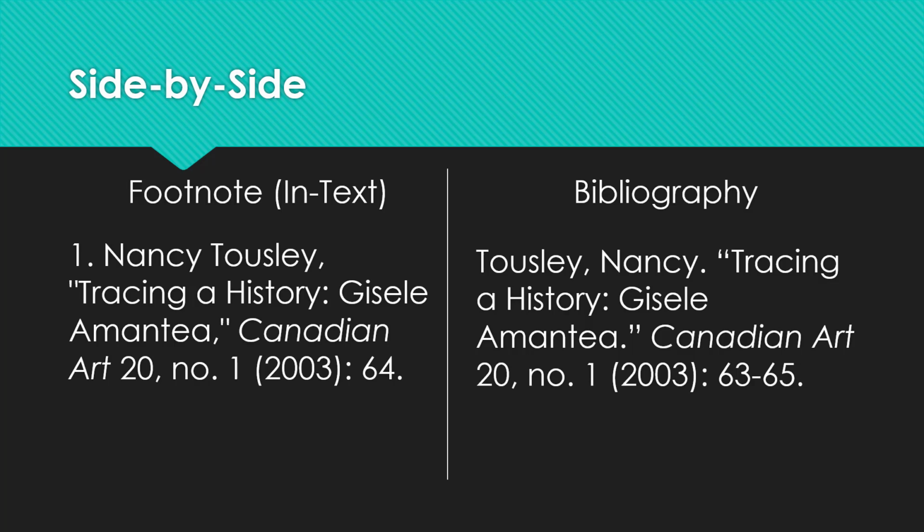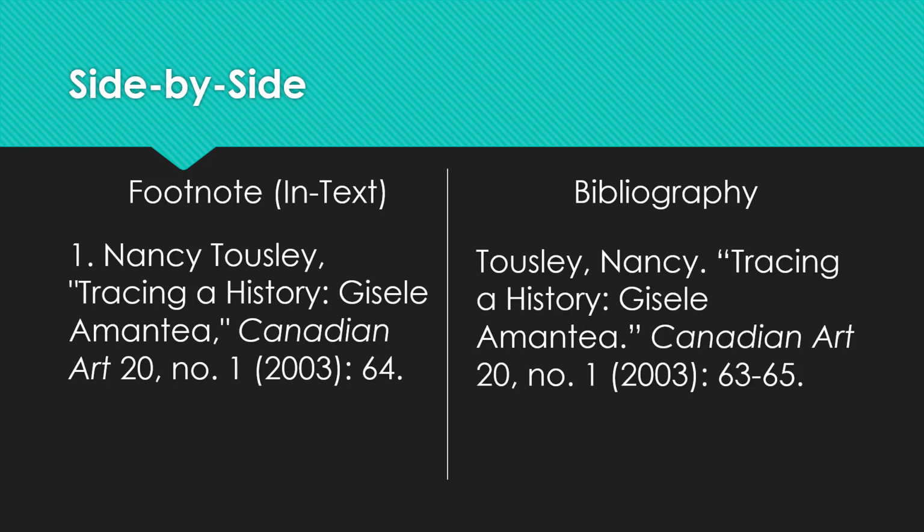And then if you look at that element in the bibliography, the author's name is not numbered, it's alphabetized correctly, and then the last name comes first, followed by the first name, and then there's a period. The title of the article is the same in the footnote as in the bibliography. And then you can see that the page numbers are different.